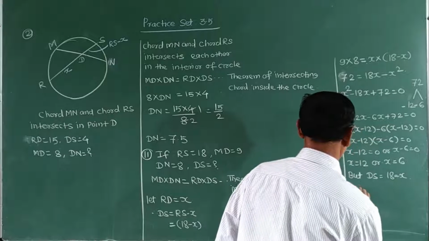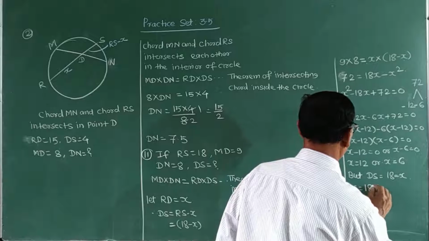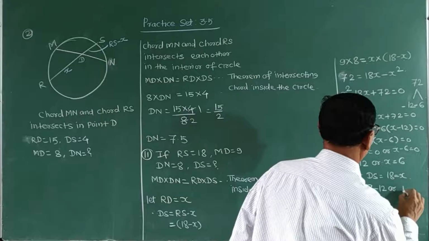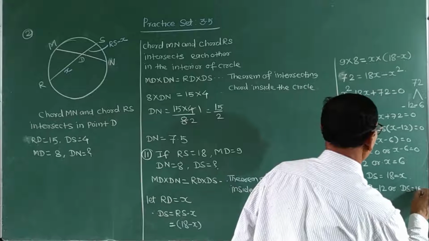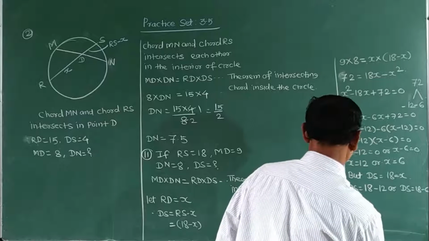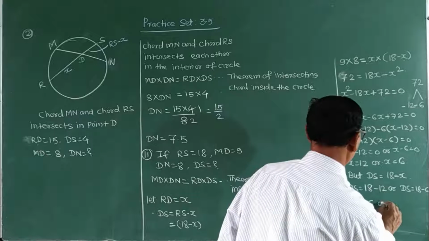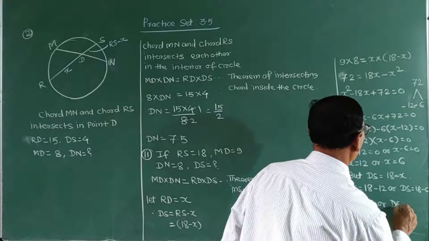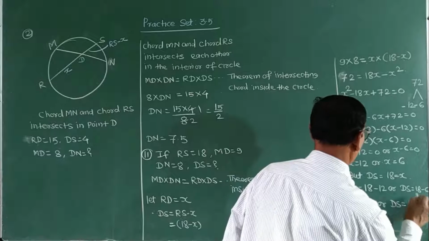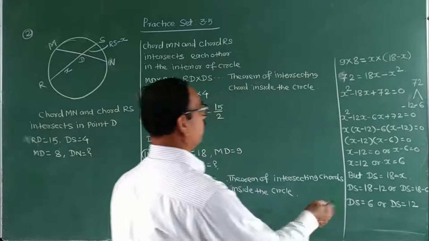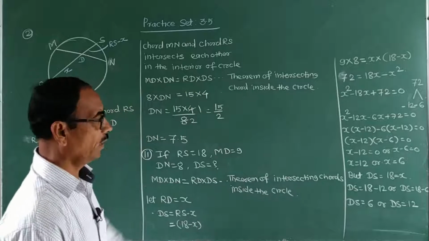And so DS will be equal to either 18 minus 12 or DS will be equal to 18 minus 6. So DS equal to 18 minus 12 is 6, or DS will be equal to 18 minus 6, that is 12. So these are the two answers. DS may be 6, DS may be 12.